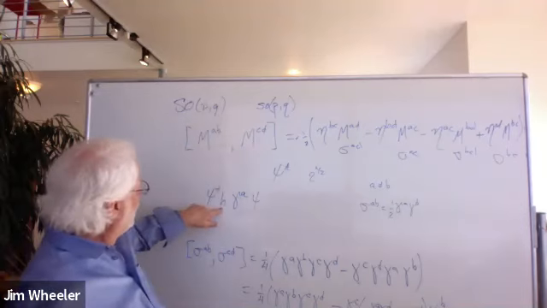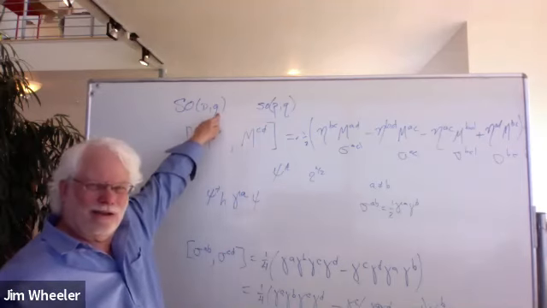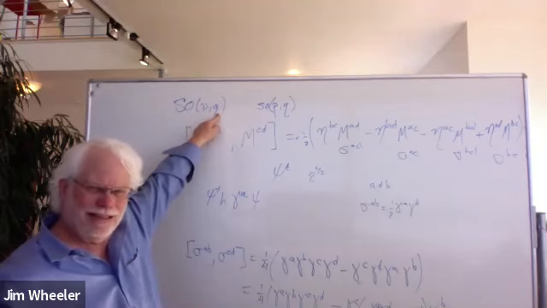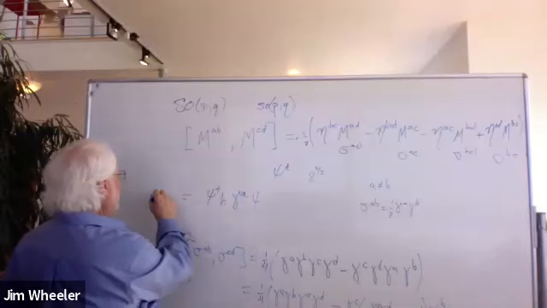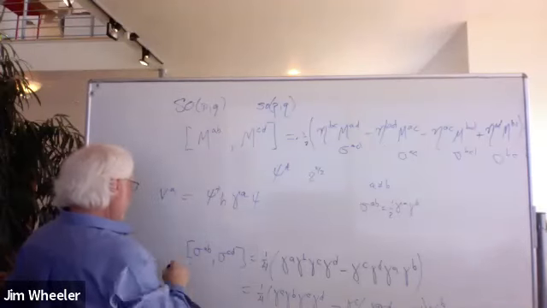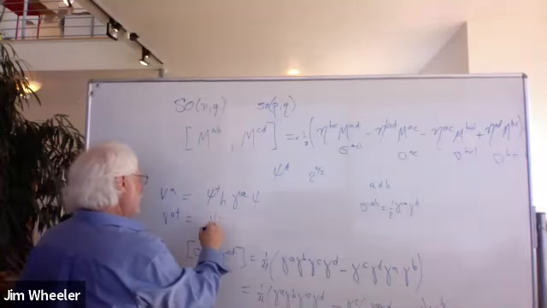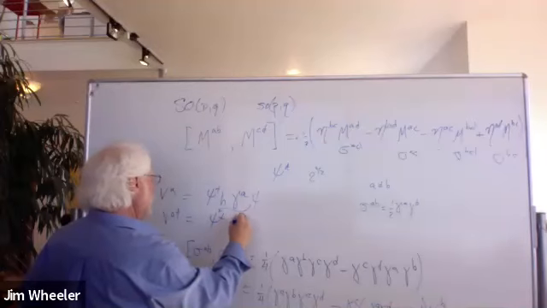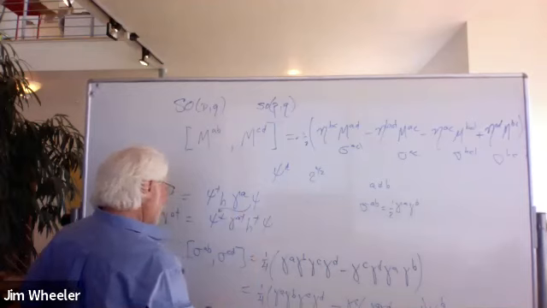But in general, you make this up out of all of the time-like generators. But this object, let's call this VA and look at its dagger. That's going to be psi dagger here, then gamma A dagger, then H dagger, then psi.